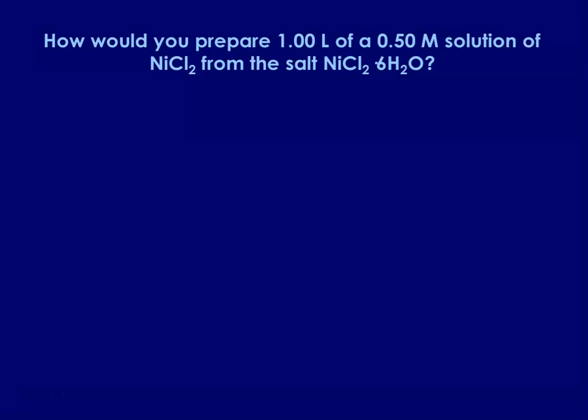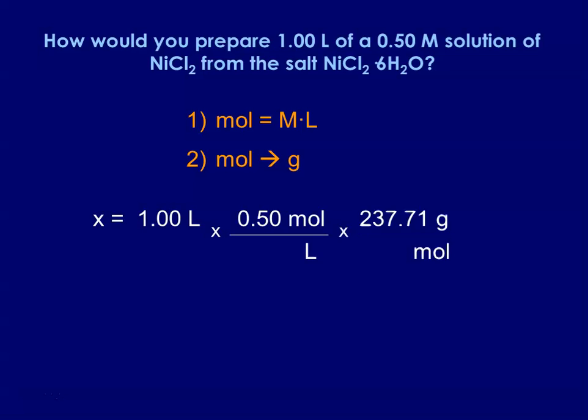So when you have that volume and molarity, we can use those two pieces of information to find the moles of the salt that we want to have present in our solution. And once we have those moles, we can convert them to grams using molar mass. So I take my volume and my molarity and convert that to grams using molar mass. You can do these separately or together.